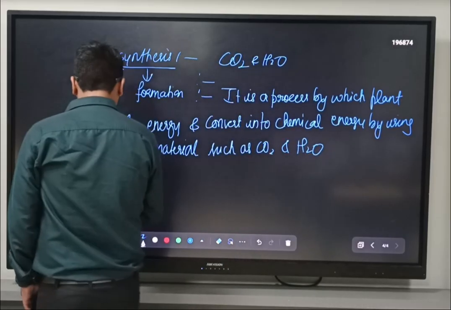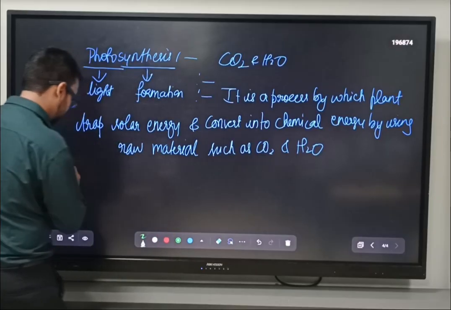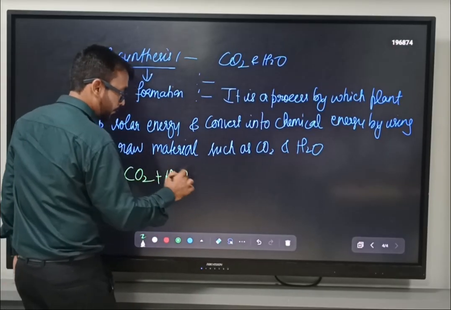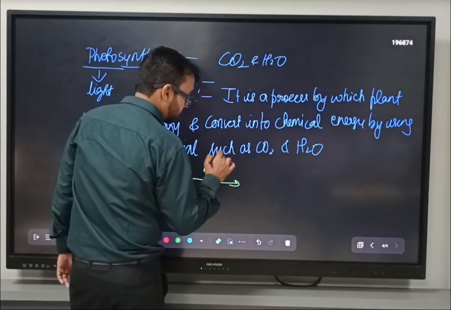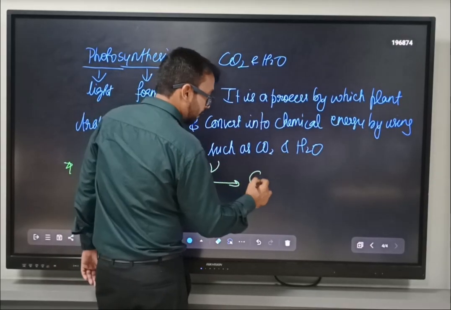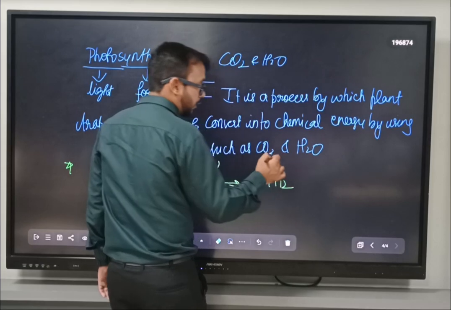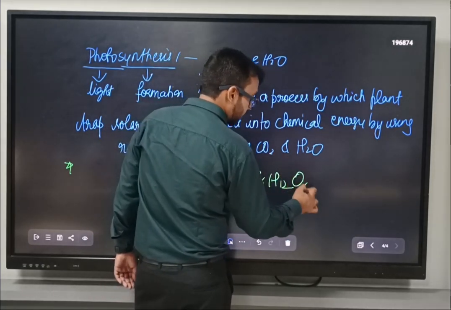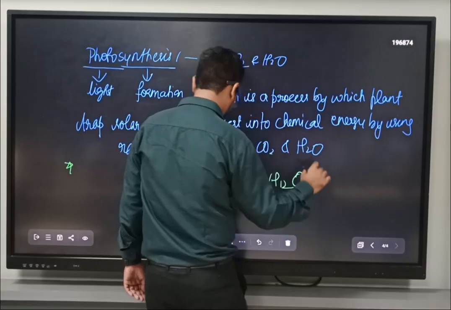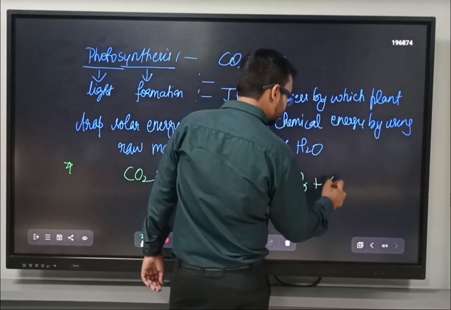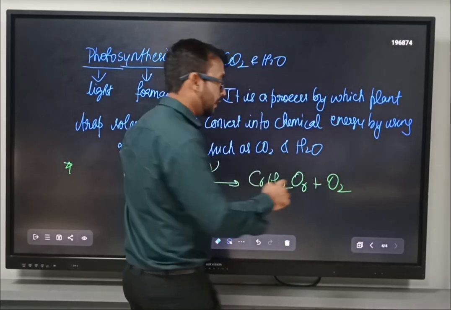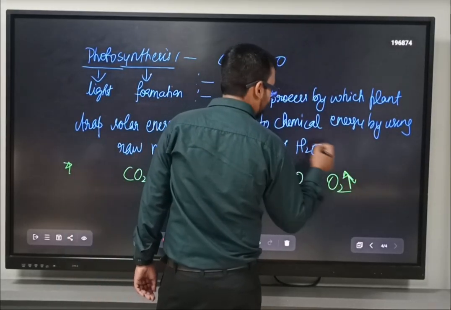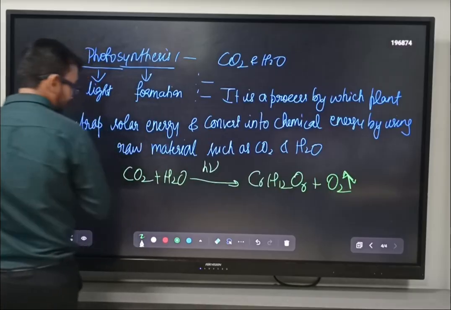So if we write the equation of photosynthesis, it is CO2 plus H2O, with sunlight as the energy source, and we obtain a carbohydrate molecule, that is glucose. And oxygen is liberated, which is inhaled by other animals.